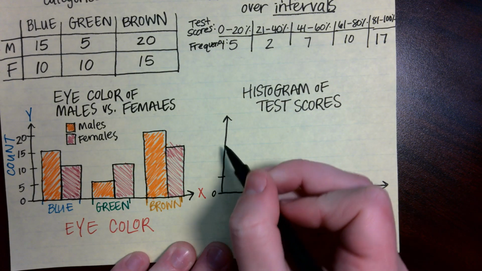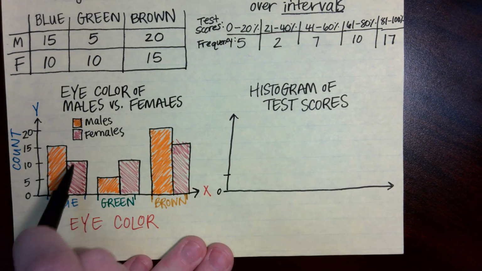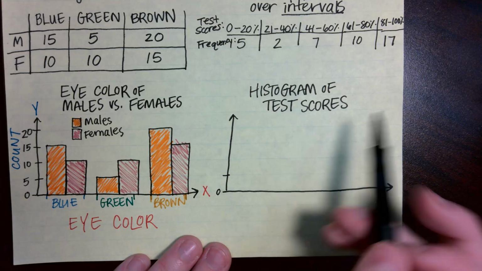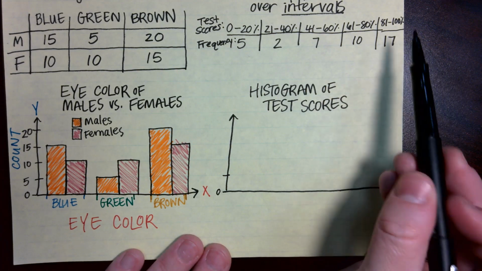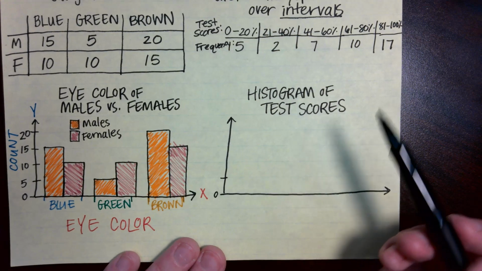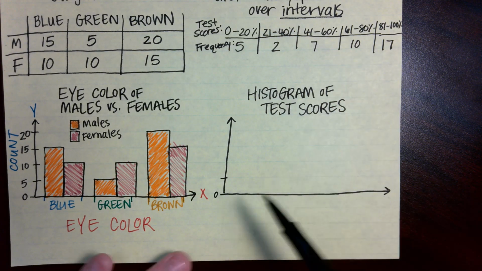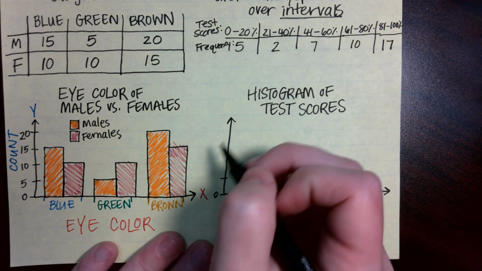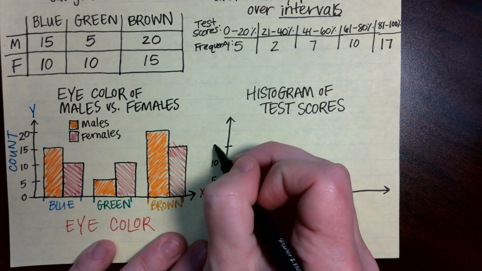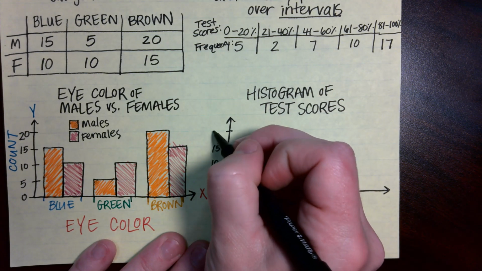And I'm going to do the same scale for my y-axis as I did for the bar graph. I'm going to count by 5s and go up to 20 because my highest number is 17 right here. So I know I'm not going to have to count any higher than 17 when I'm drawing my histogram. So I'll do 5, 10, 15, 20.